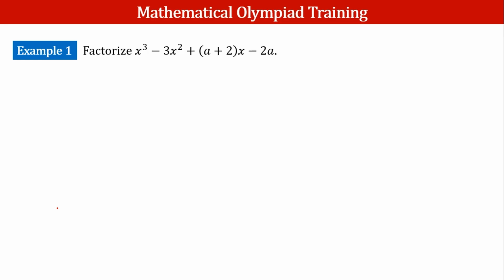What happens? So, if we do that, we will have x cubed minus 3x squared plus ax plus 2x minus 2a.